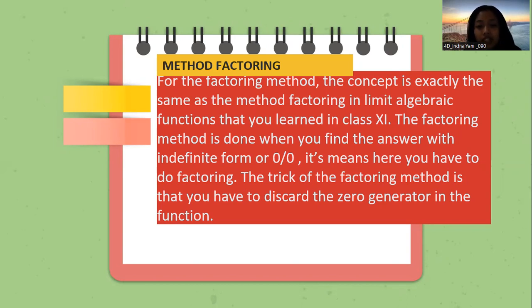The factoring method is done when we find an indeterminate form, or 0 divided by 0. That means here we have to do factoring. The trick of the factoring method is that we have to discard the zero generator in the function.